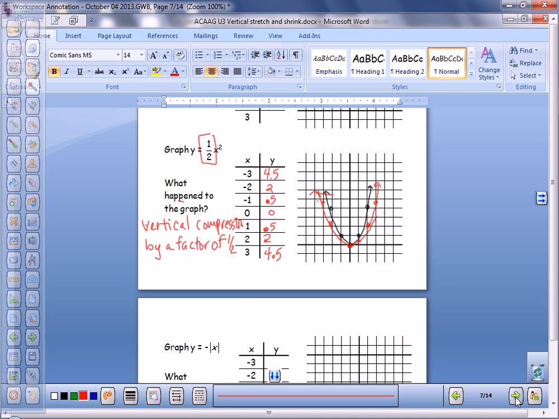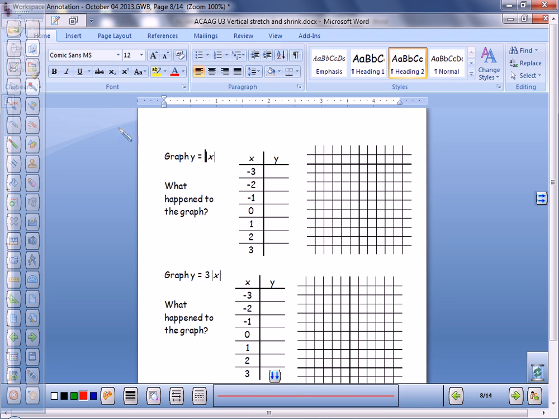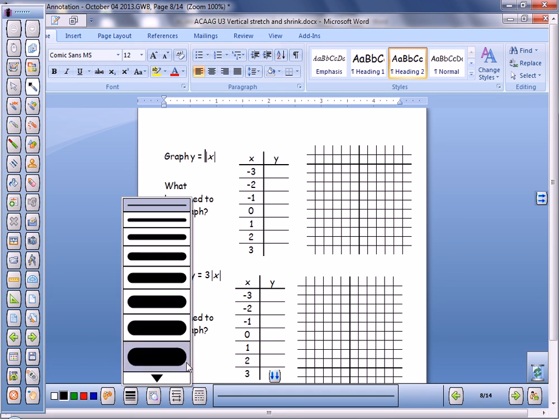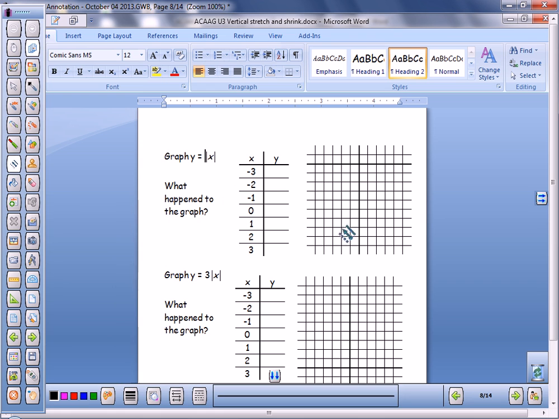All right, let's see how this works with a different function. Now we have absolute value. And on this first one, I want to go ahead and get rid of the negative that was out in front. And let's graph this like it was a regular absolute value. So the first thing I'm going to do is draw in a new x-intercept down here. And I'll call that my x-intercept.